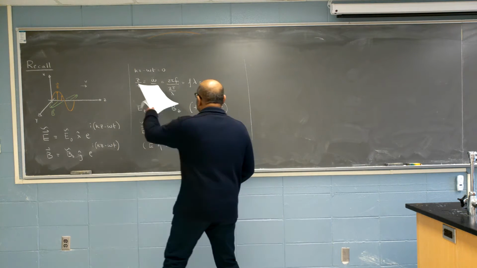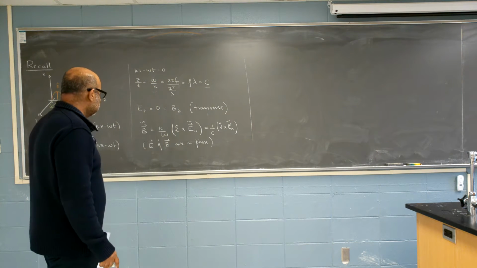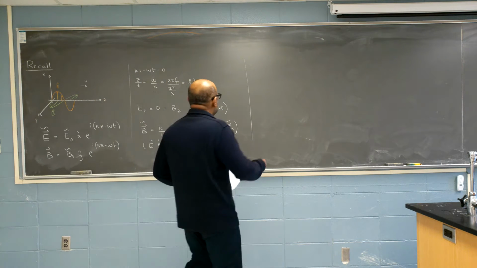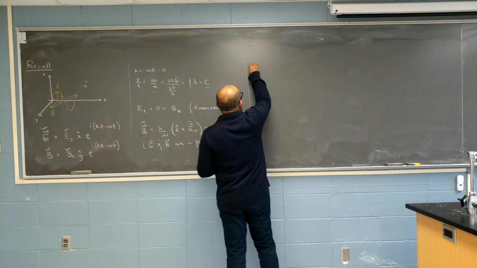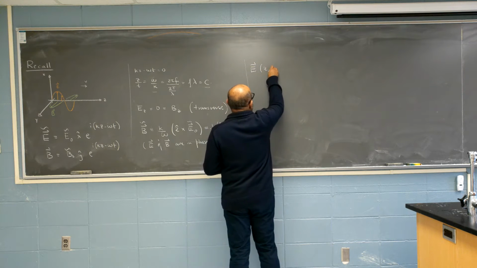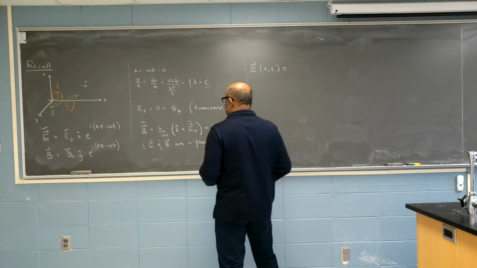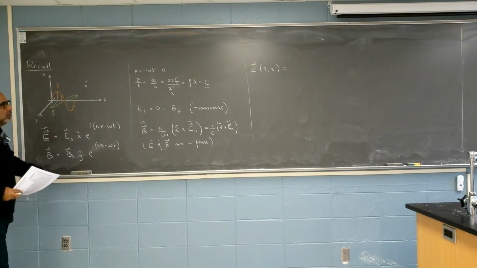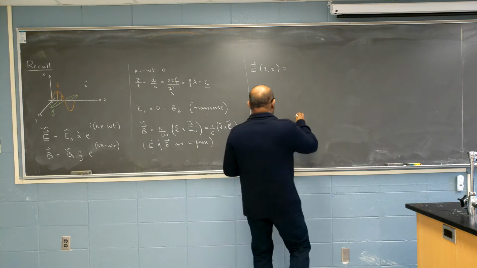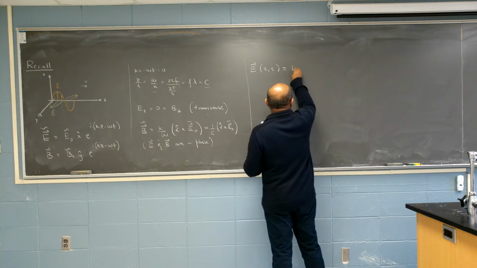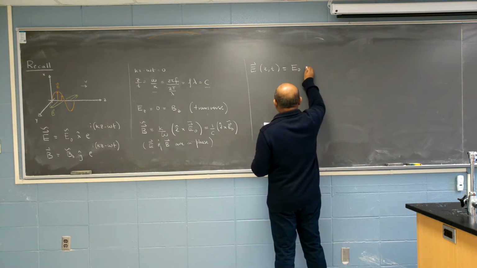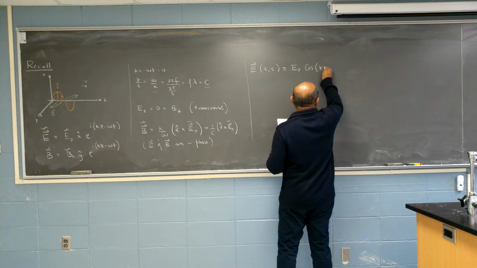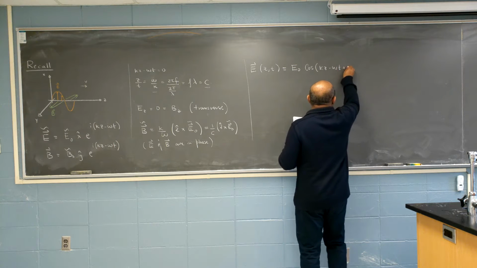If we didn't write it using this complex notation, after all, the physical field is real, I would write this as E(z,t) equals, I'm trying to get rid of this tilde. So again, I won't make much of a change. I would write it as E0, and I'm taking the real part, so I get cosine of kz minus omega t plus delta.